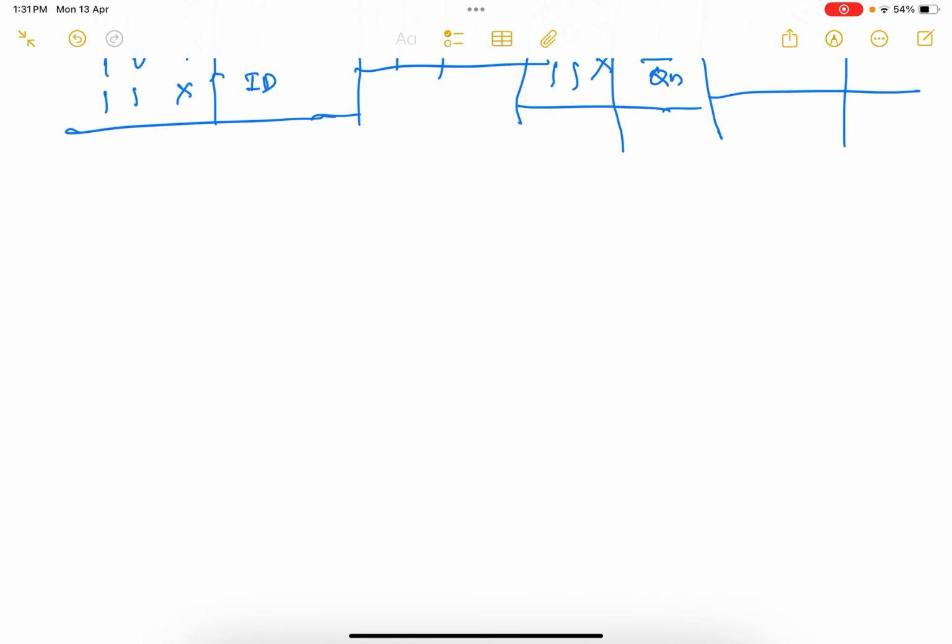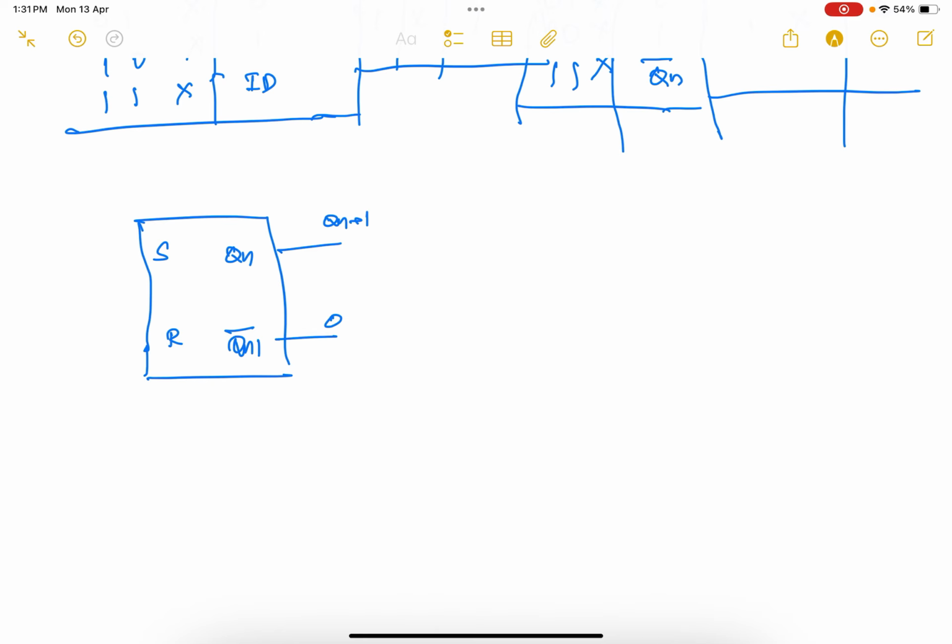So in the block diagram, S R, this will be Qn, this will be Qn bar, and the output is nothing but Qn plus 1, the next state, and Qn plus 1 bar. So here I am doing nothing, and you can have a clock pulse over here.